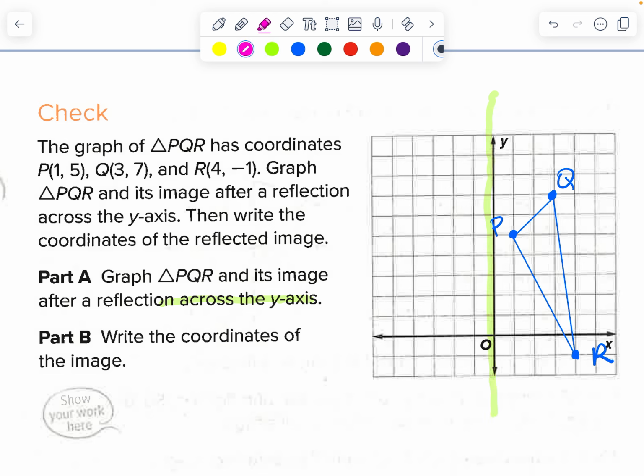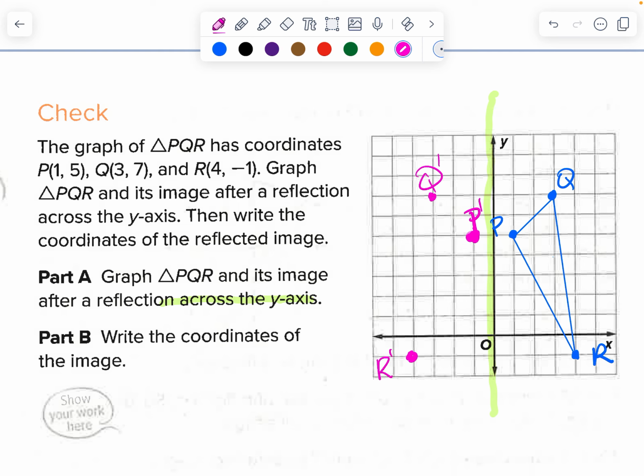Okay, and when I do that, P is 1 away. Oops, I didn't mean to do that. So that means P prime is here. Q is 3 away. So 1, 2, 3. That's Q prime. And R is 4 away. So 1, 2, 3, 4.